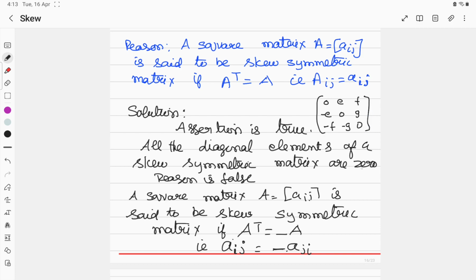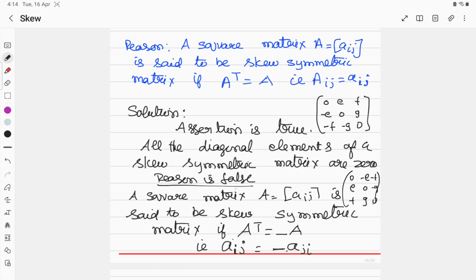If we write its transpose, we get 0 E F; minus E 0 G; minus F minus G 0 arranged transposed. So A transpose is minus A. Therefore A transpose is equal to minus A, so Aij is equal to minus Aji.